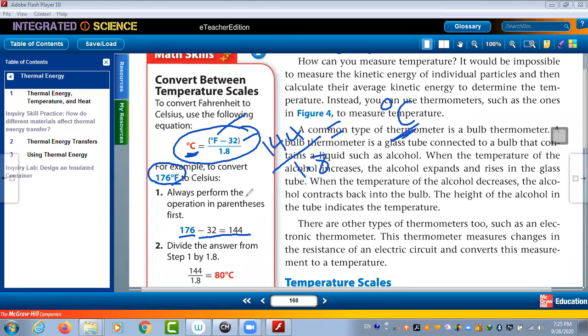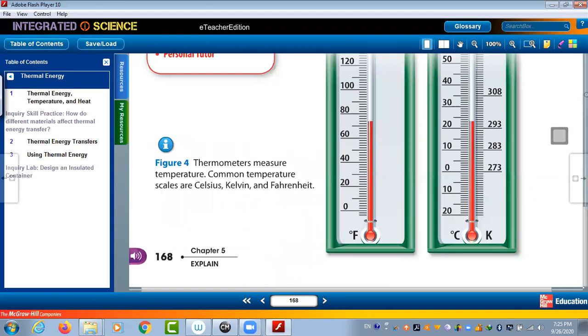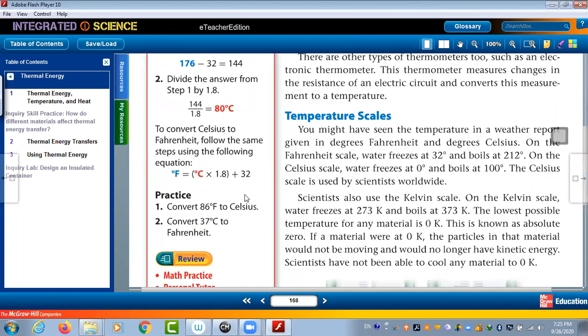But what if he asked you to convert the opposite way? He gave you Celsius and asked you to convert to Fahrenheit. You will use the second law here, to convert Celsius to Fahrenheit.